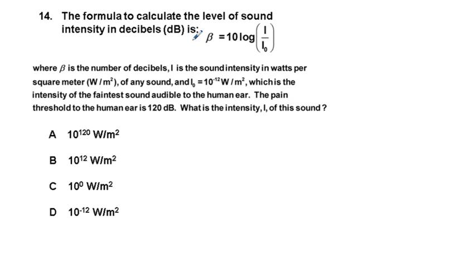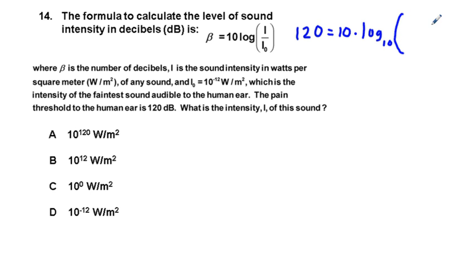And so basically we're going to use this formula. We're given 120 decibels is equal to 10 times the log. And when we talk about log, we're really talking about log base 10, when you see log without any base written below.